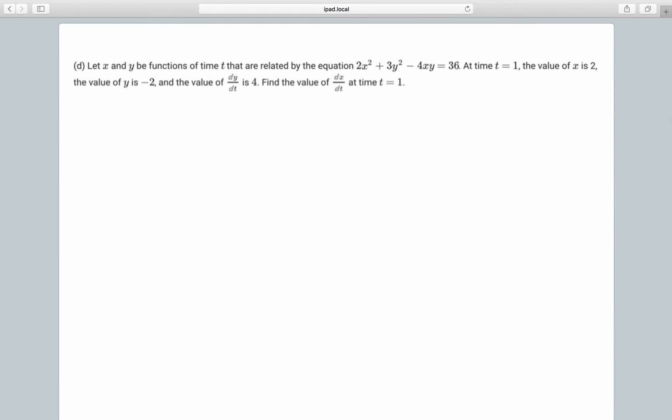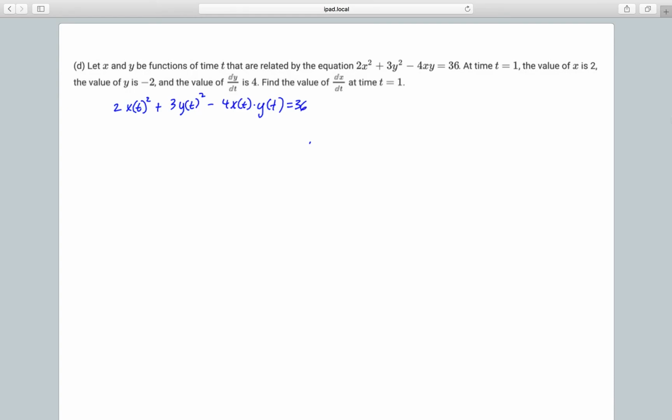So we can go back in and rewrite that equation this way. It's really 2 x of t squared plus 3 y of t squared minus 4 x of t y of t equals 36.